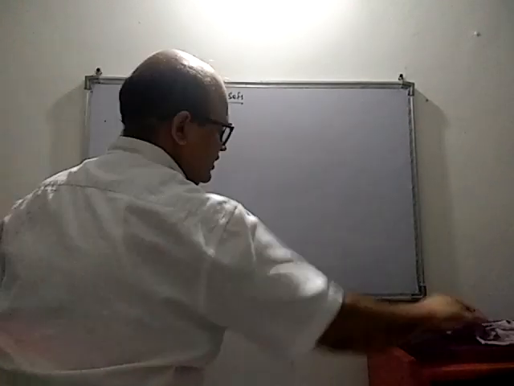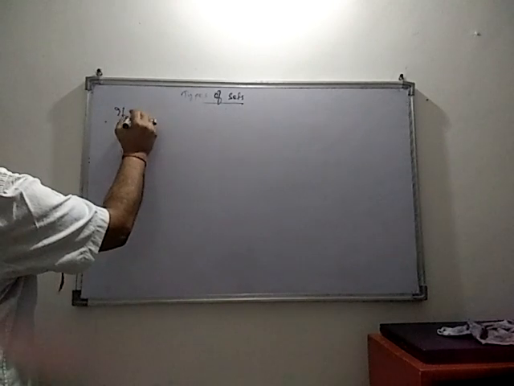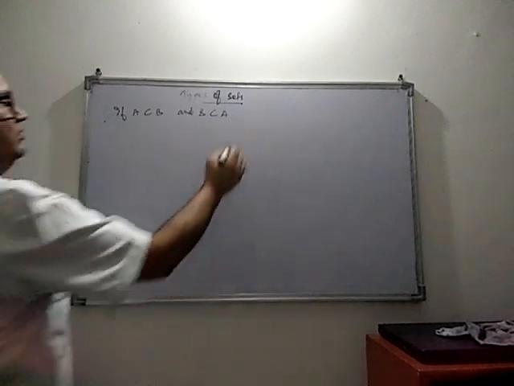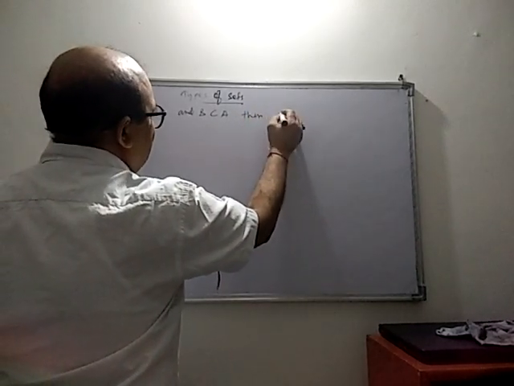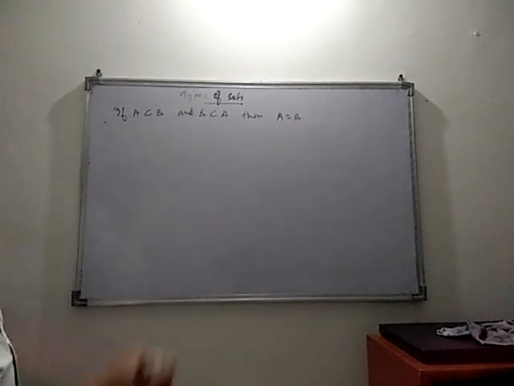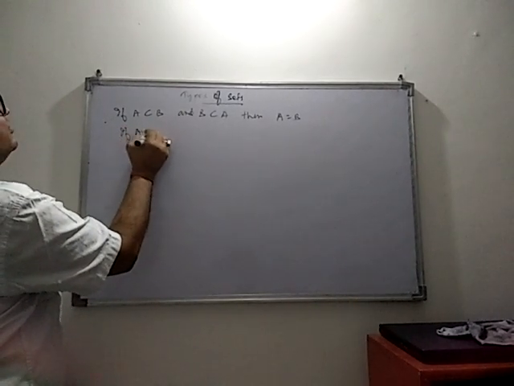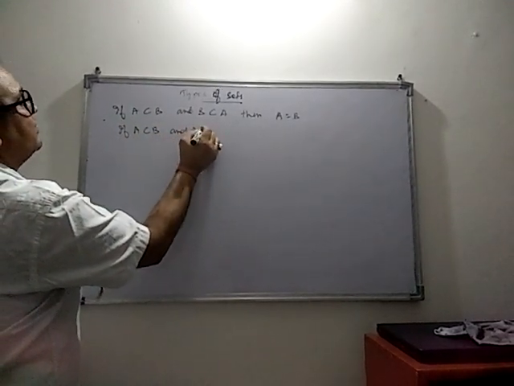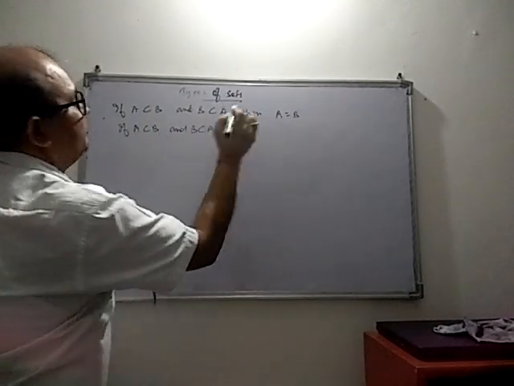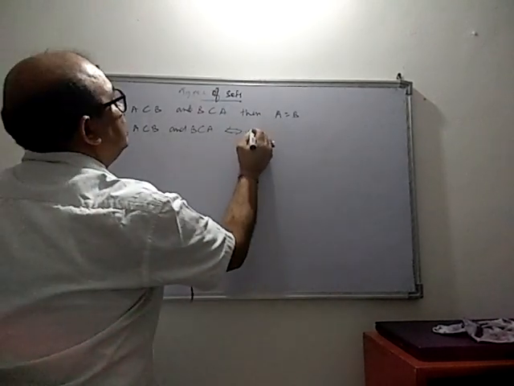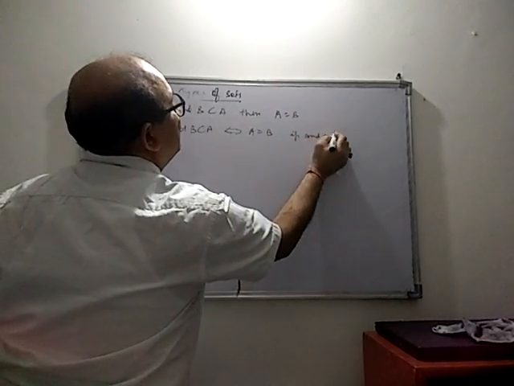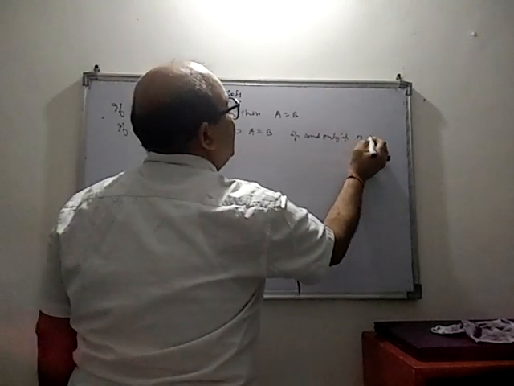Now, one more thing. If A is a subset of B and B is a subset of A, then A equals B. That is, if and only if, written as IFF.